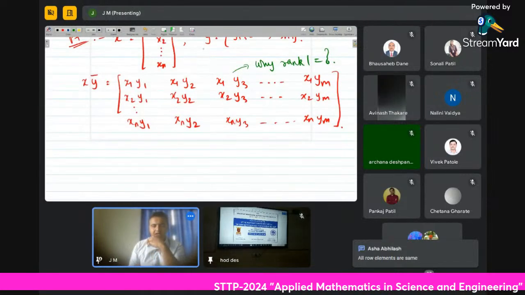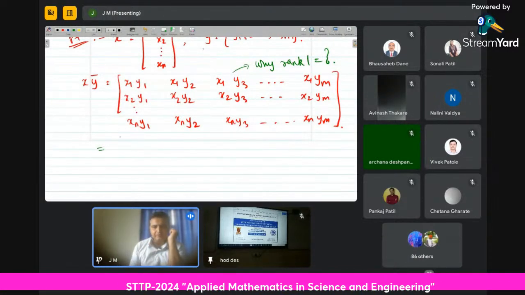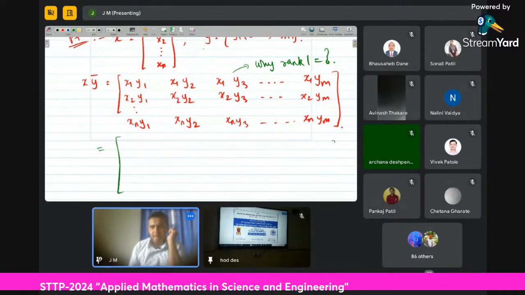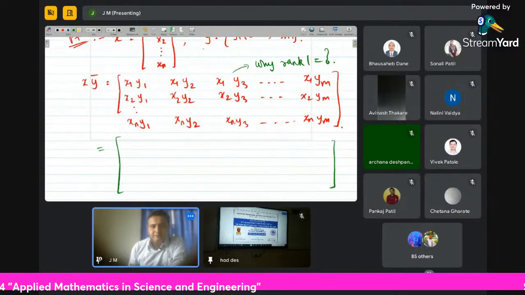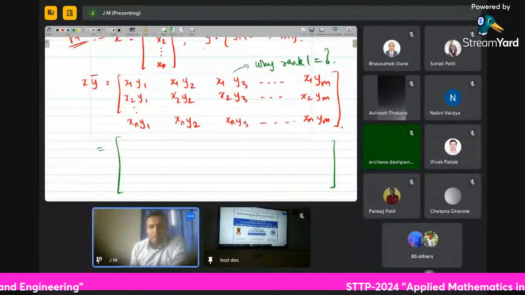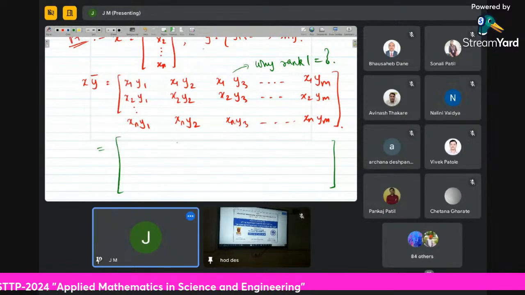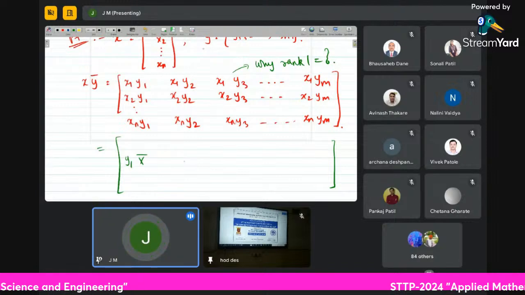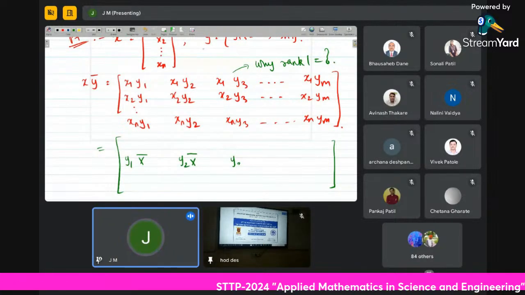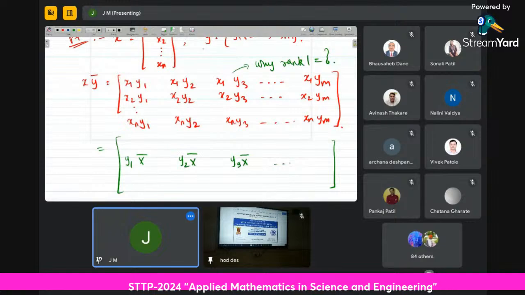One can have a nice observation actually. Any guess? This is y1 times x bar, y2 times x bar, y3 times x bar, ym times x bar.